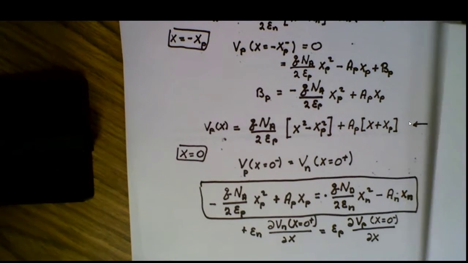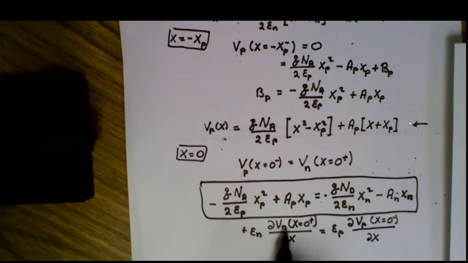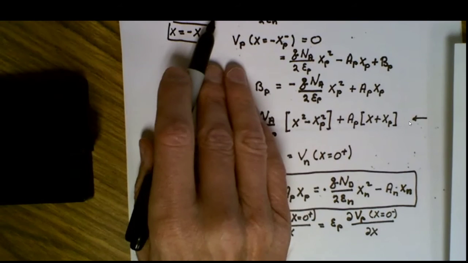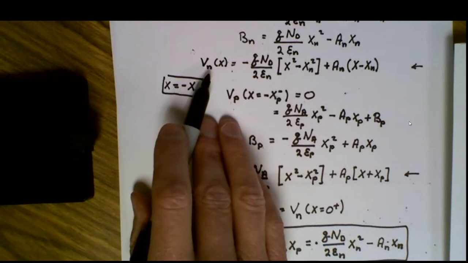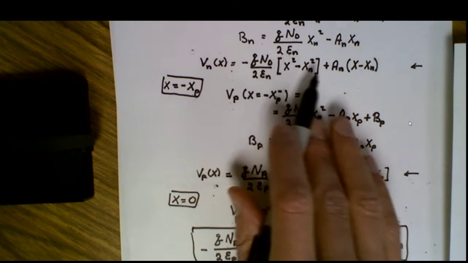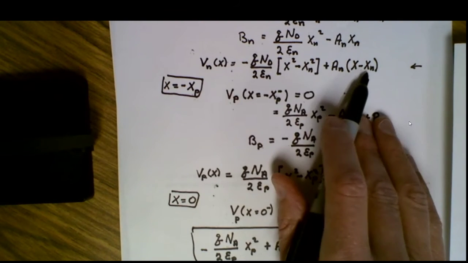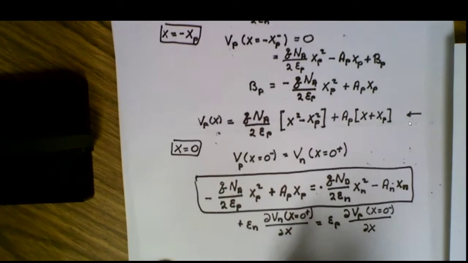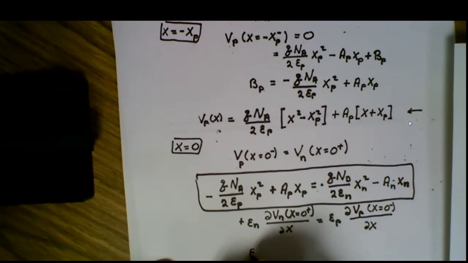Okay, so again, we're going to take the derivative of our potential v sub n with respect to x, and then force x to be 0. So this gives rise to 2x, and x being equal to 0 goes away. That's a constant, that goes to 0. That's a constant, goes to 0. Derivative of x is equal to 1. So we are left with the permittivity epsilon sub n times a sub n for the left-hand side of the equation.